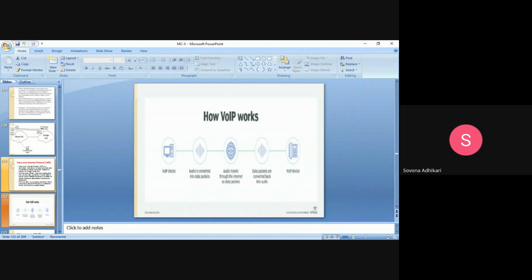So VoIP works in this manner. It is simple. The audio is converted to digital form, then it travels, and then before reaching the destination VoIP device, it again changes to its original form.